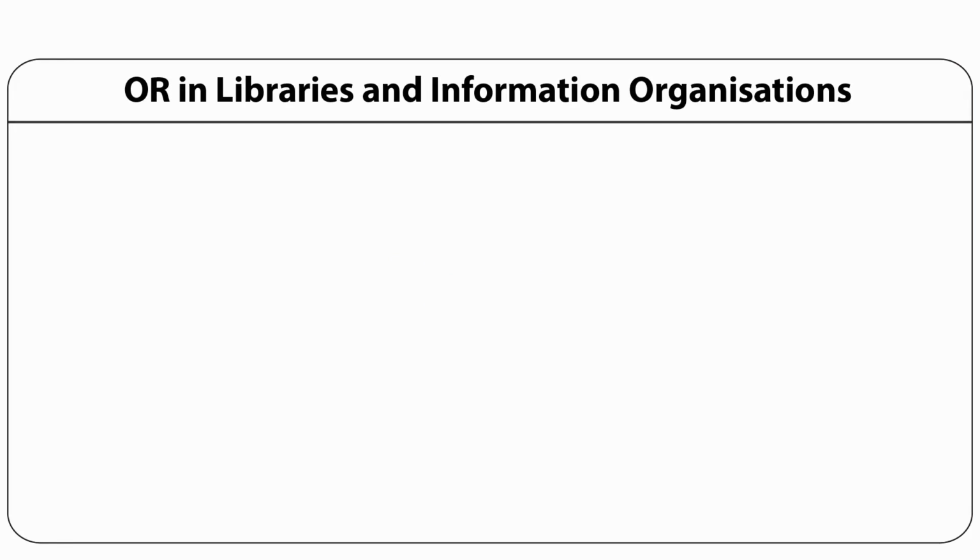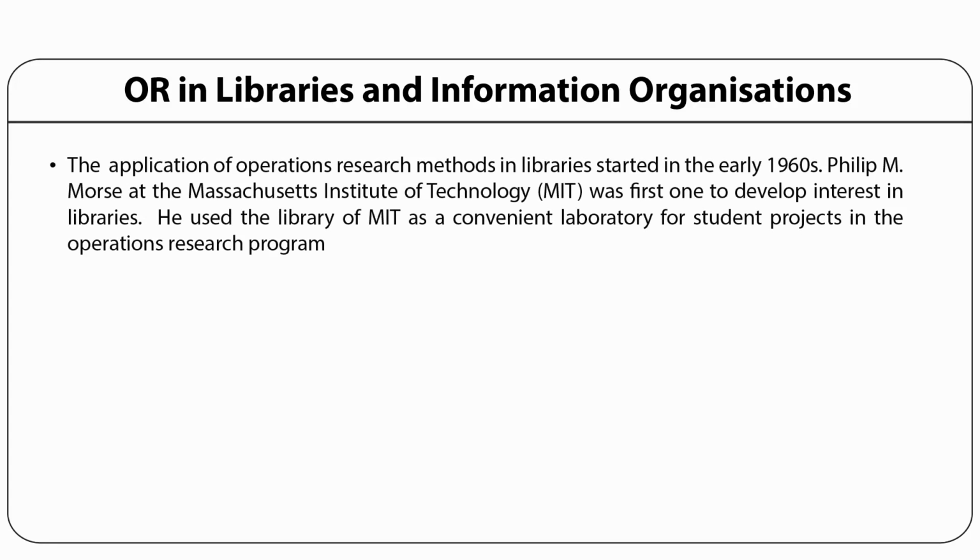OR in libraries and information organizations. Let us now take a look at how OR is applicable in library information organizations. The application of operations research methods in libraries started in the early 1960s. Philip M. Morse at the Massachusetts Institute of Technology, the famous MIT, was the first to develop an interest in libraries.